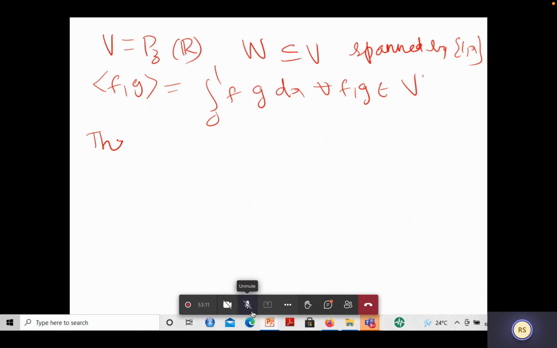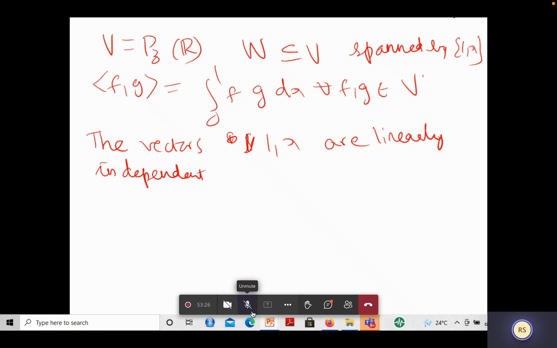The vectors 1, x are linearly independent. My aim is to find the orthonormal basis for W, but they have given only the spanning set of vectors.